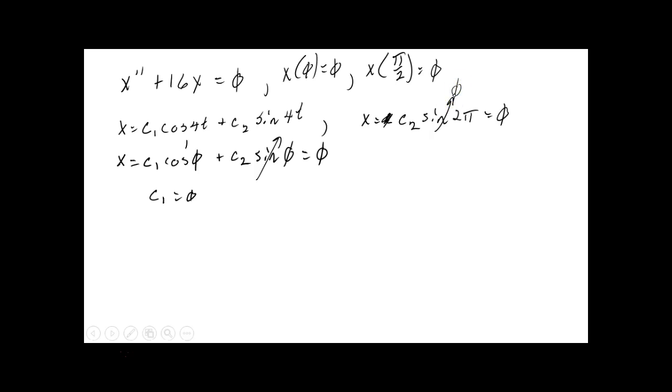So no matter what c2 is, that is still 0. So we don't have a fixed solution, okay? Observe that the first condition gives you c1 equal 0, so x equals c2 times the sine of 4t, but when you put pi halves in there, it's satisfied by any choice of c2 since sine of 2 pi is 0. So the boundary value problem with those boundary values has infinitely many solutions.